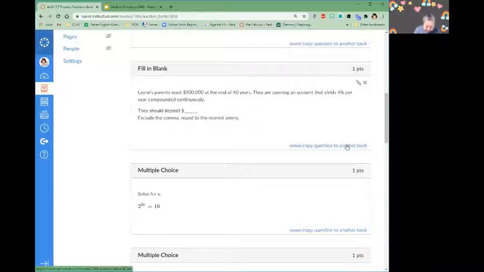The only difference is, instead of giving the interest monthly or quarterly, or some countable number of times over the year, what's different in here is that it's compounded continuously, okay? Compounded continuously.